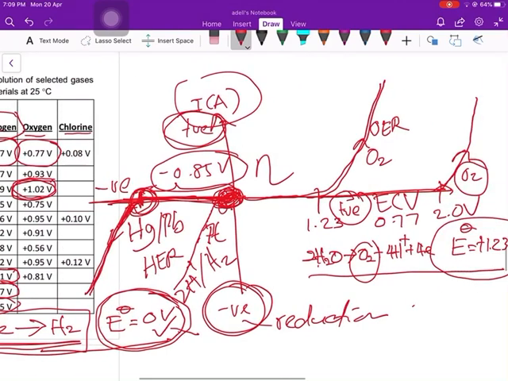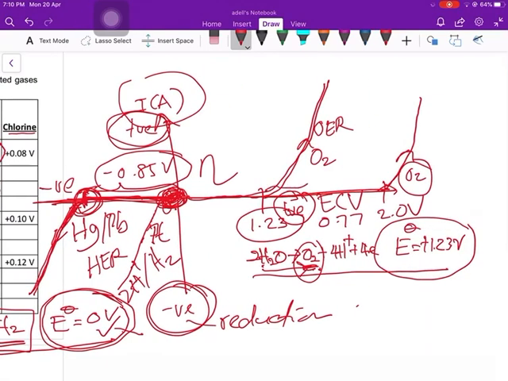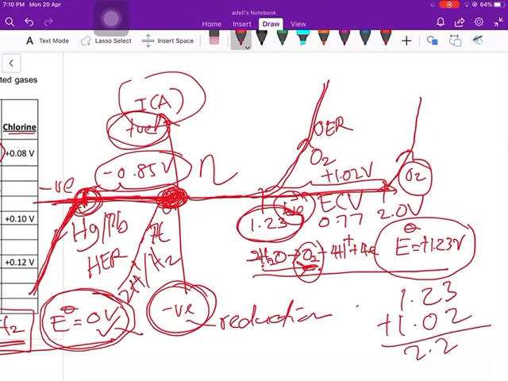Let's say the standard value is 1.23 volt for this oxygen evolution reaction. But if you change the electrode to gold, it requires another 1.02 volt extra. So you must add this overpotential: 1.23 plus another 1.02. You will expect at this potential, 2.25 volt, the oxygen starts to form on the gold surface.